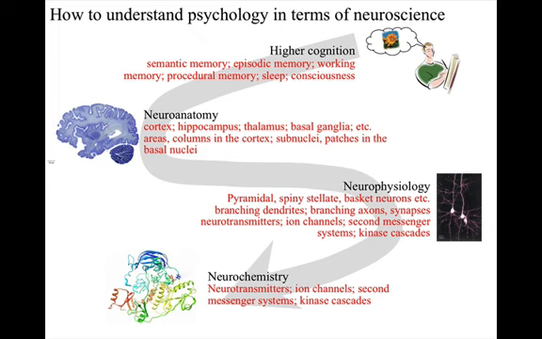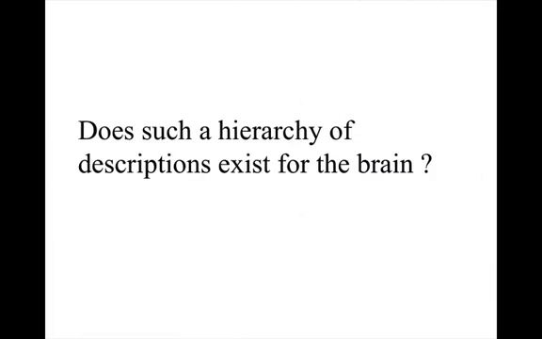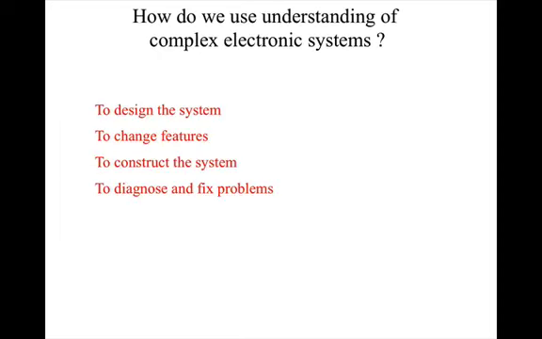For this to be possible, there must be some hierarchy of descriptions that will allow us to understand on a high level, approximately, but map that understanding in stages down to much more precise, detailed descriptions. So the key question is, does a hierarchy like this exist for the brain, or can it be created?